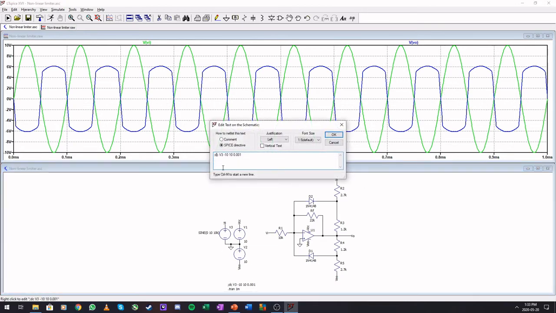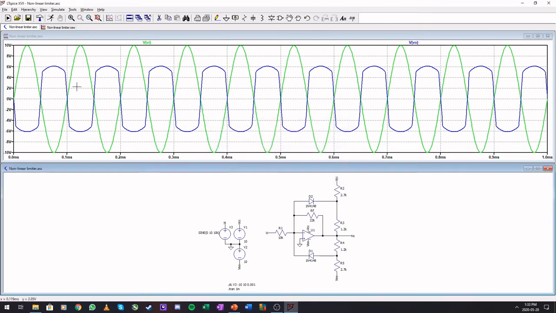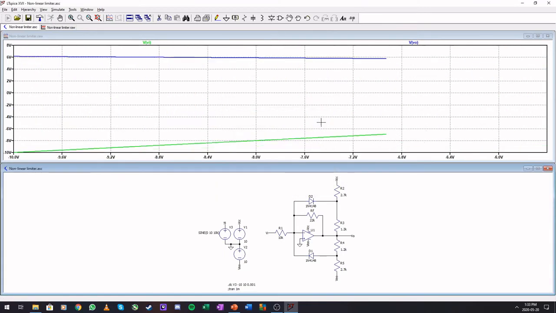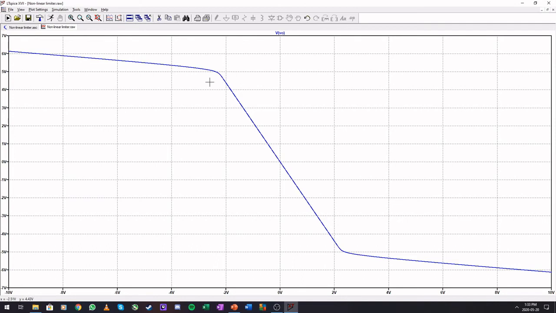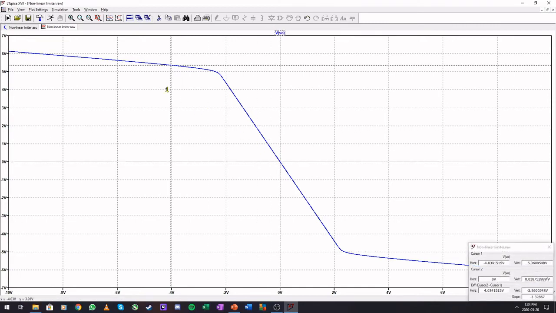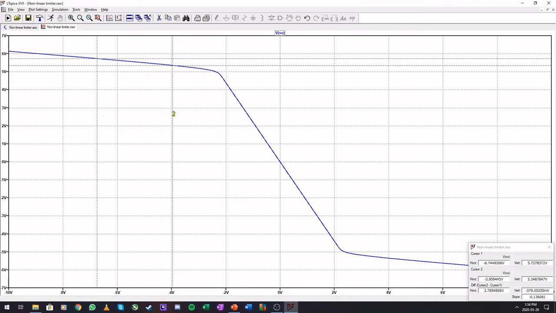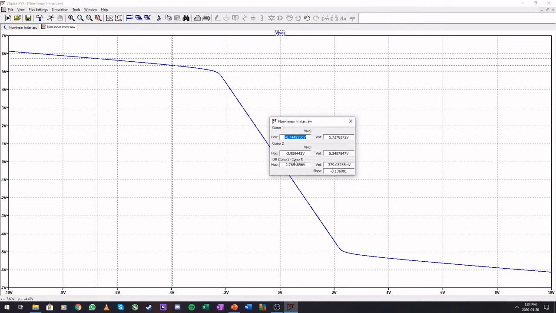Okay, so let's do a DC sweep of this, and just double click the output here. If our input is extremely large, our output will be at 6 volts. Okay, so if we take the gradient in this top part, we will see that our slope is 1.36.